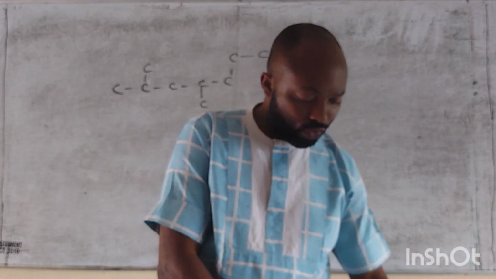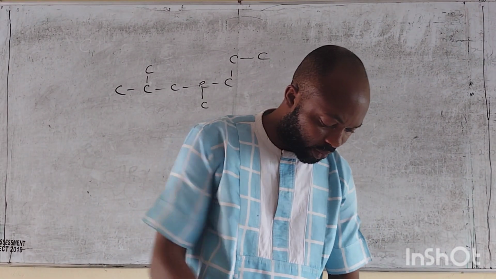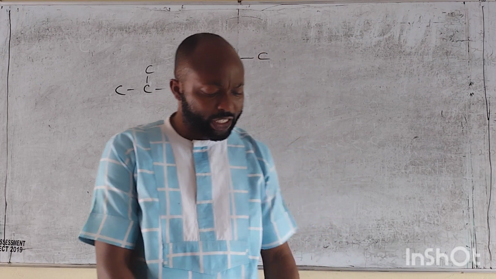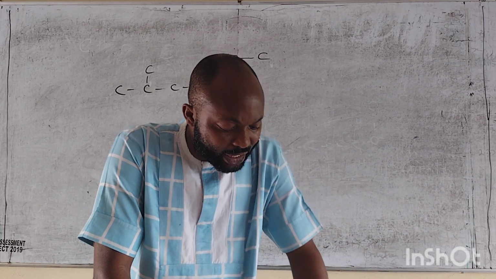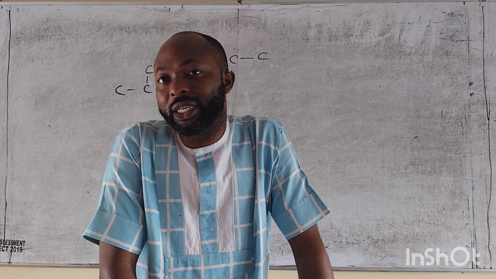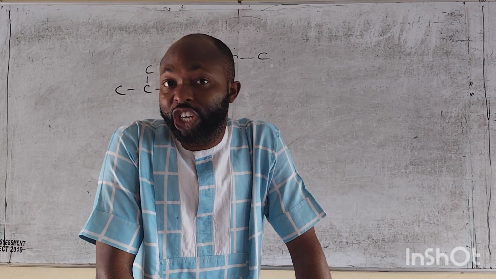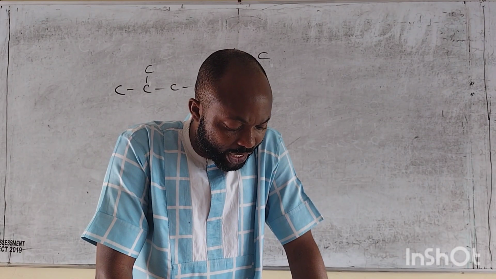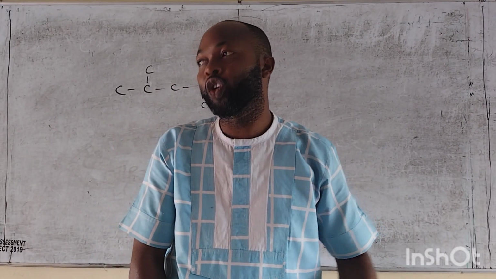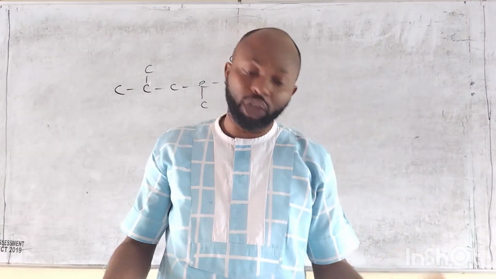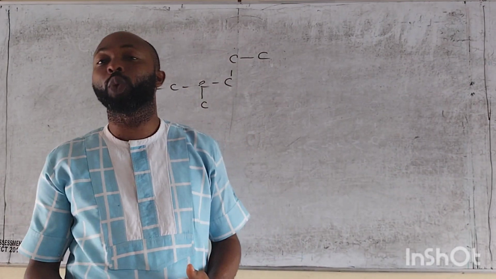So let's look at the rules first together so that we see what we get. It says select the longest unbranched chain of carbons as the parent chain. So that's what I just did. The longest unbranched chain of carbon as my parent chain, and name it as that of the corresponding alkane. So if it is 7, I want to name it as the corresponding alkane. It becomes what?